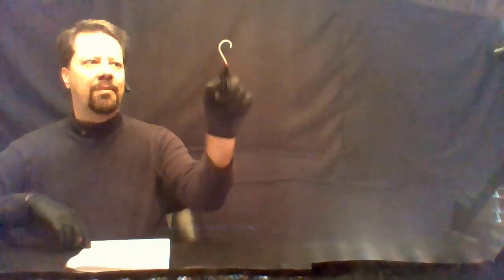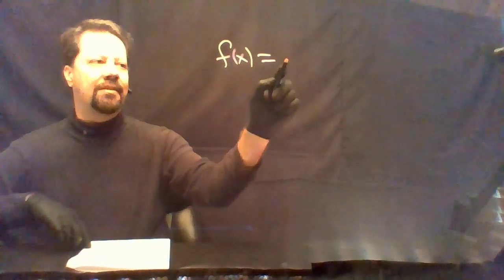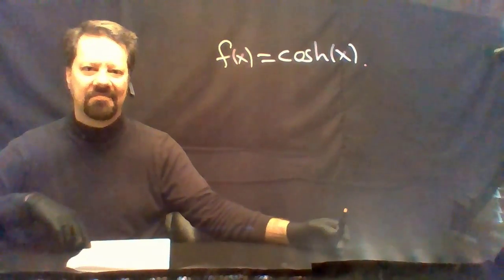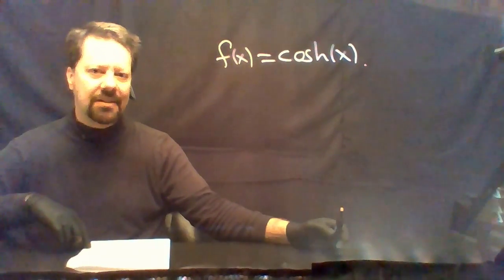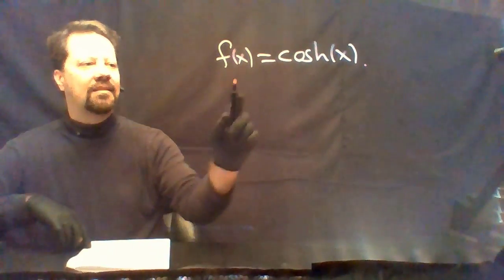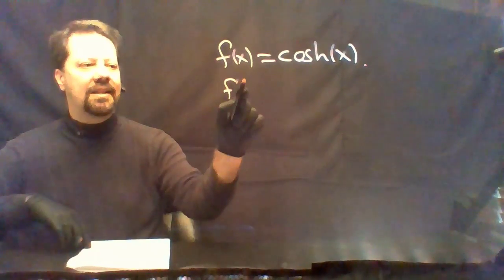The next problem requires that you calculate the Maclaurin series for the hyperbolic cosine function. A Maclaurin series is a Taylor series centered at 0. The way to proceed is to calculate derivatives.